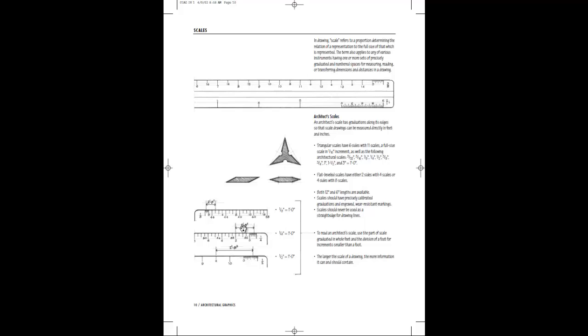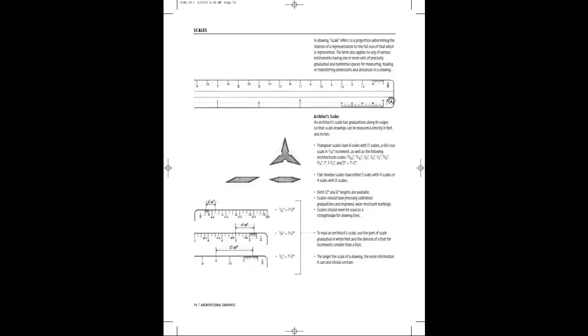Another example down here is your 1/8 inch equals a foot. You can see that our divisions are much smaller. We only end up with 2 inch increments on the 1/8 inch. On the 1/4 inch equals a foot, which is on the opposite end of the 1/8 inch.